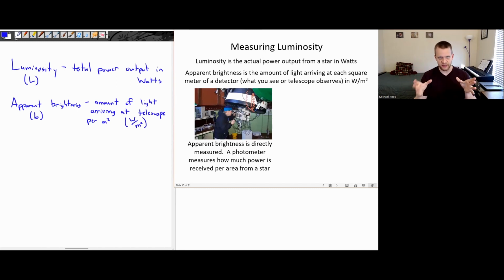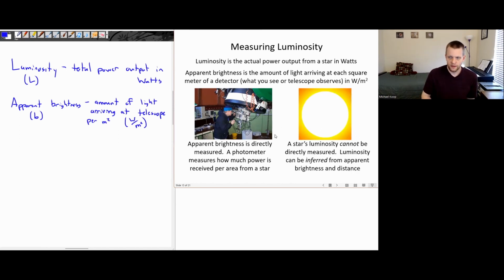We can say, I'm aiming a telescope at this star. I know how much light is being collected. I know the area of the collecting surface of the telescope, and we can actually measure this apparent brightness. The luminosity of this star, well, we can't really directly measure that, but we're going to see how we can infer what the luminosity must be if we have the apparent brightness and also know the distance. So let's look at how we would do this.